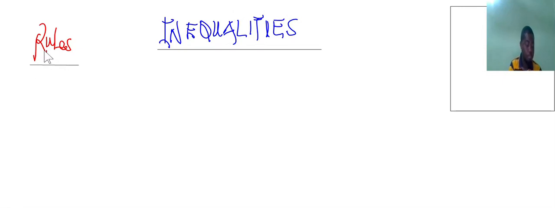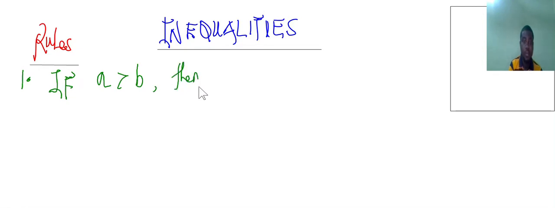Now, if a is greater than b, then we can write it as b is less than a.